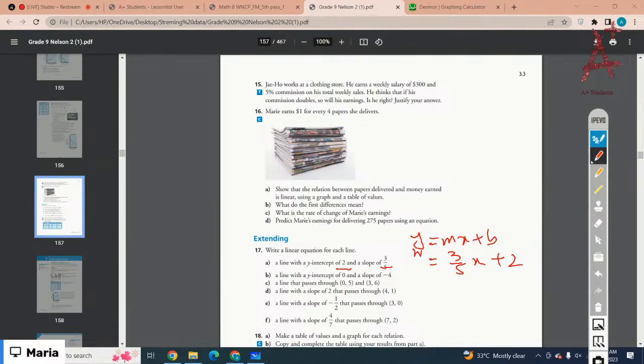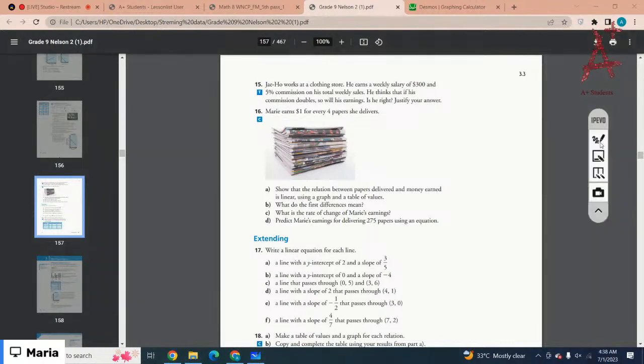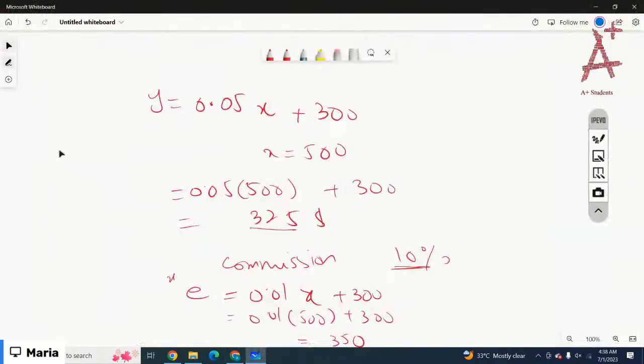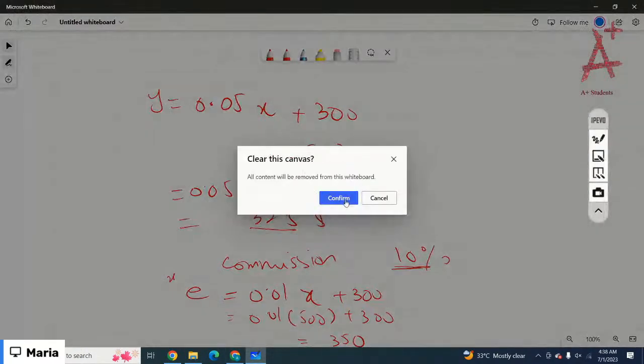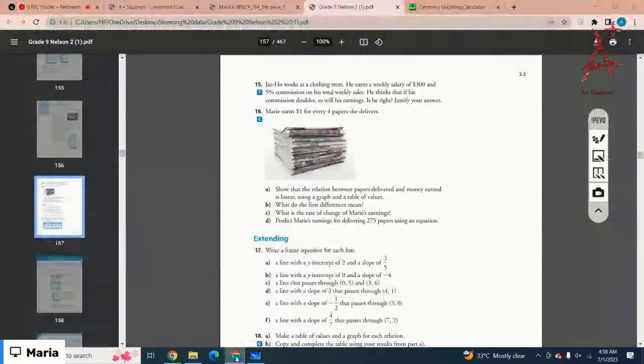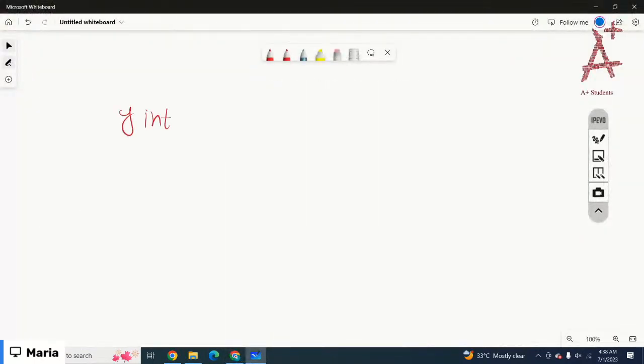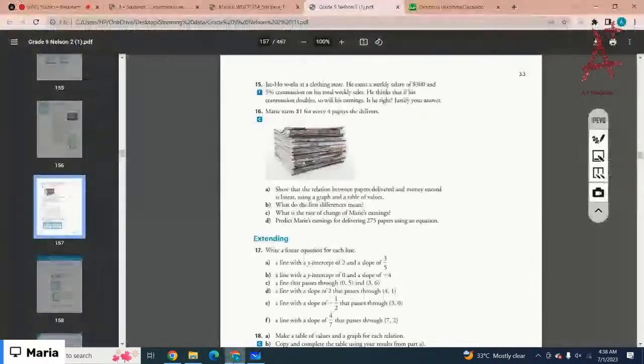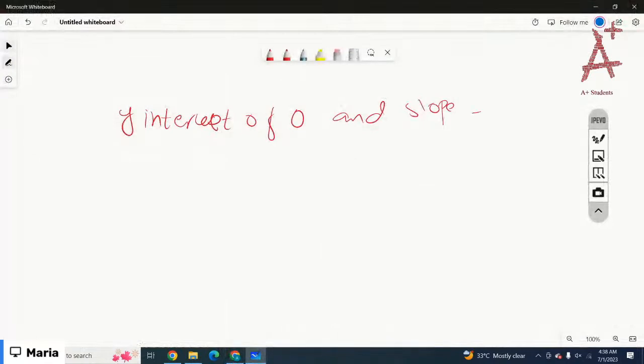Okay, the second one is a line with a y-intercept of 0 and a slope of negative 4.